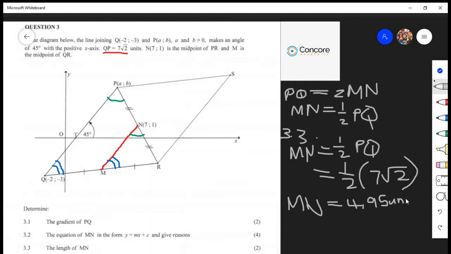And since we're calculating distance, it is preferable to use units. If they gave you 7 root 2 centimeters, then we could have had our final answer as 4.95 centimeters. But since they gave us our unit as units, you just leave it as units, okay? So does everyone understand question 3.3 before we move on?